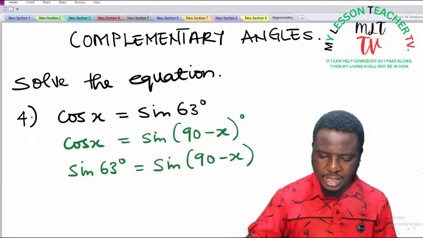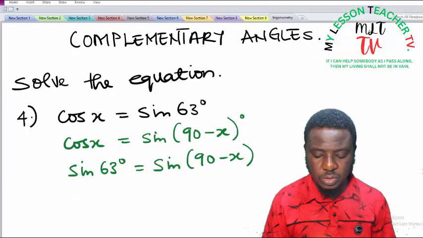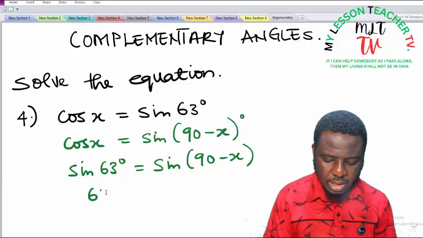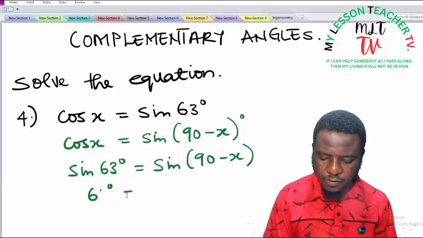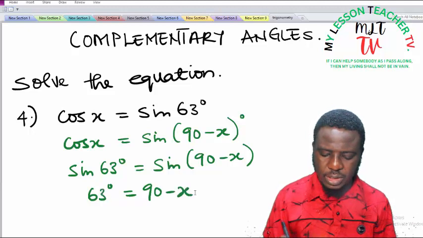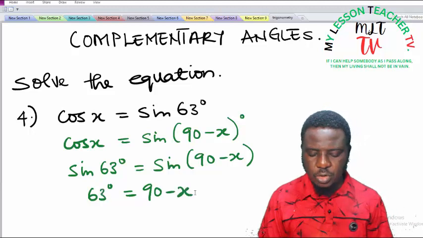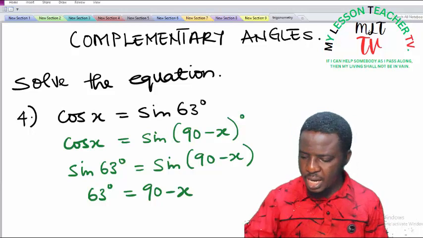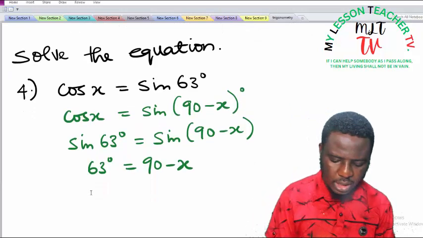And if that being the case, by comparing the angles, 63 degrees definitely will be equal to 90 minus x. Then you make x the subject of the formula, and that gives you your answer.